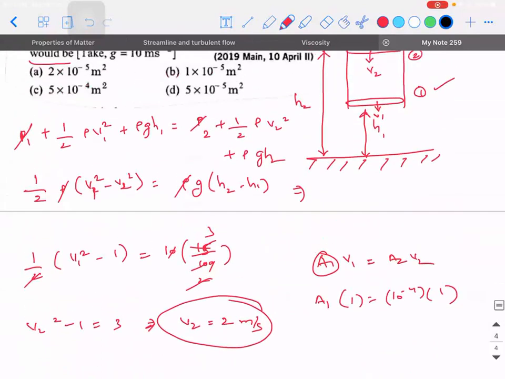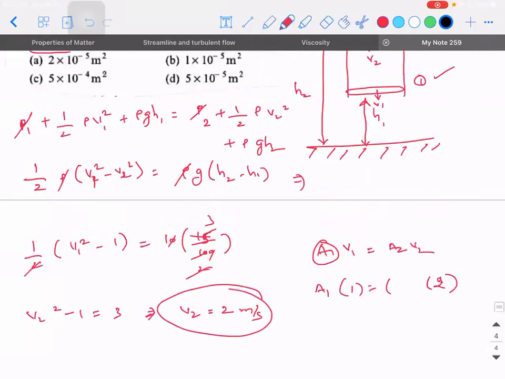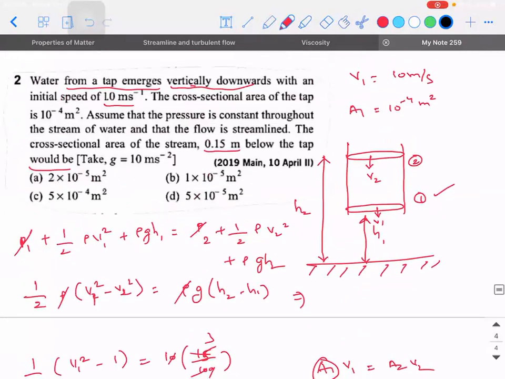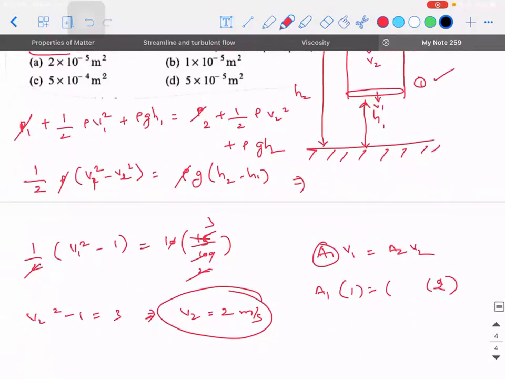Did I do any mistake? Sorry, A1 is 10 power minus 4. So V1 is 2, right? Sorry. Yeah. So A1 is 10 power minus 4.